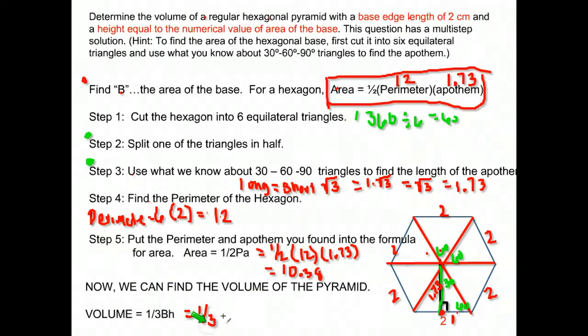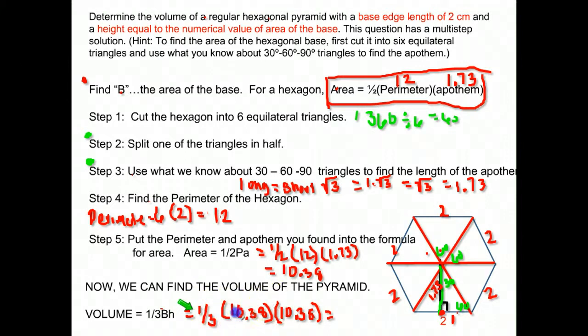We're going to do 1/3 times the area of our base, which was 10.38. We just found that. And then times the height. And this doesn't happen all the time, but in the instructions for this problem, it said that the height was going to be the same as our area of our base. So 10.38 would also be our height because of what they told us.